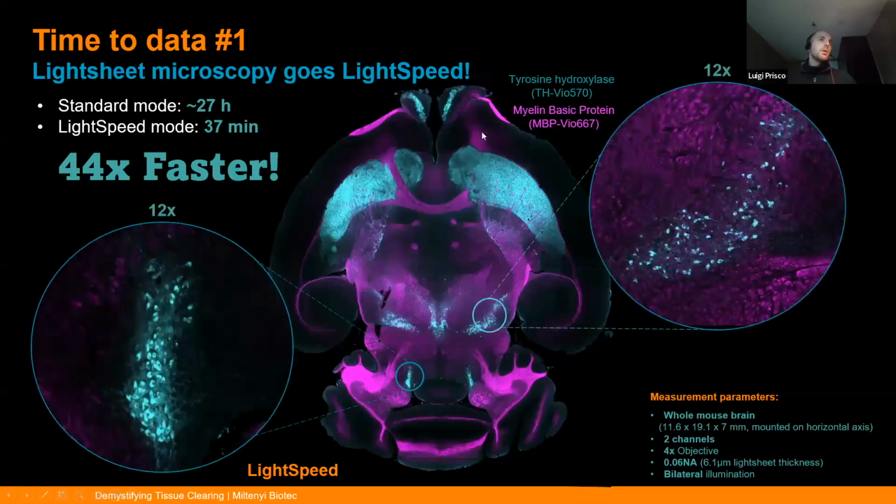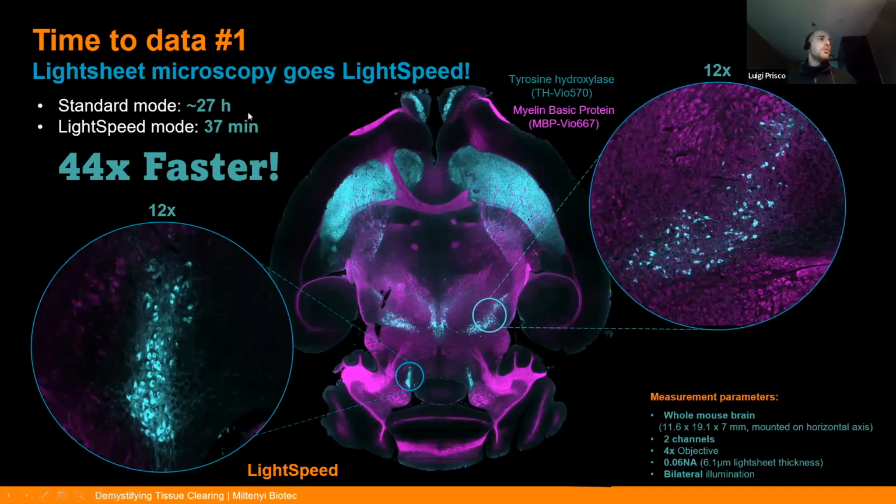As I mentioned, we have new features which are going in the direction of speed, and in particular, I'm talking about 2 developments. One is the so-called light speed mode. As the name suggests, this is just a different acquisition modality, which makes the microscope a lot faster.